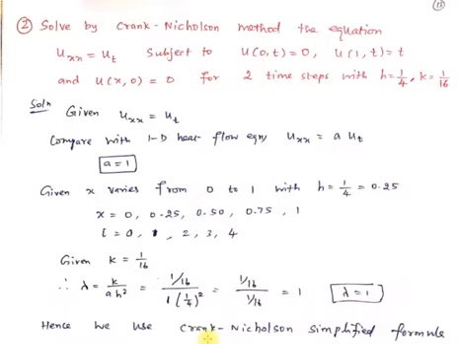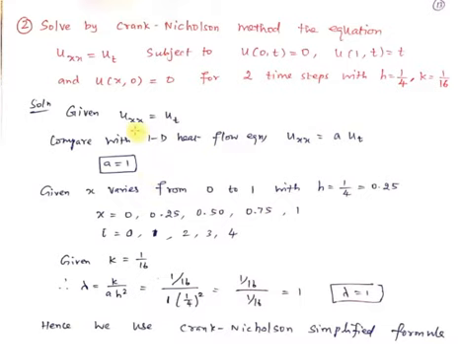The second problem is solved by the Crank-Nicolson method. The equation u_xx equal to u_t subject to the conditions u of 0 comma t equal to 0. It is the boundary condition since x equal to 0. Here x equal to 1, so it is another boundary condition, and u of x comma 0 equal to 0, for two time steps with h and k given.